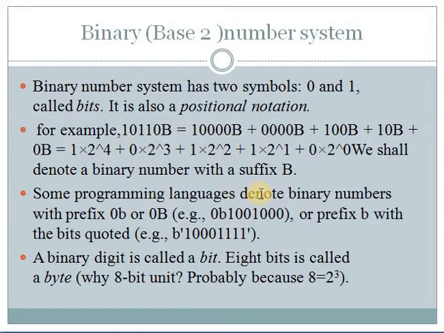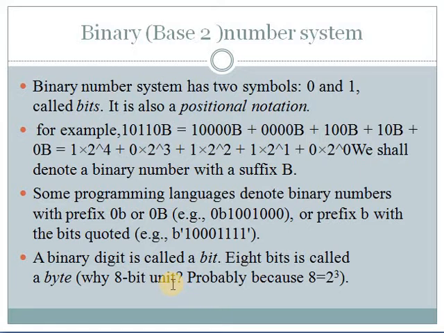Some programming languages denote binary numbers with prefix 0b, in the form like this, 0b1000, or prefix b with the bits quoted. An example for this is b'1000 1111'. A binary digit is called a bit. 8 bits is called a byte.